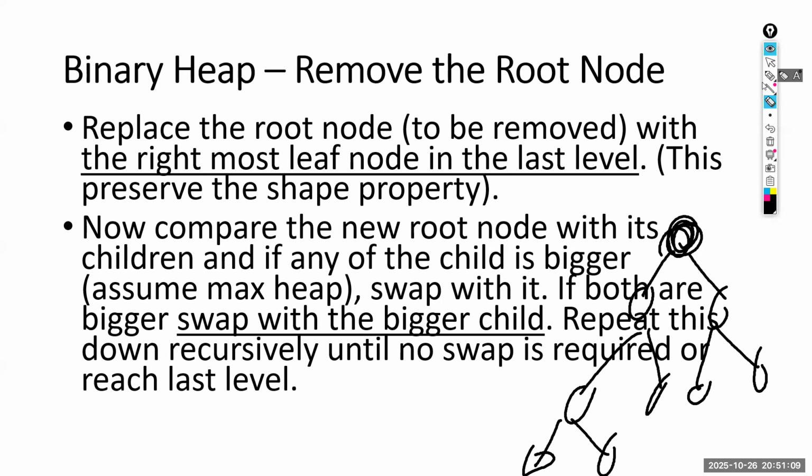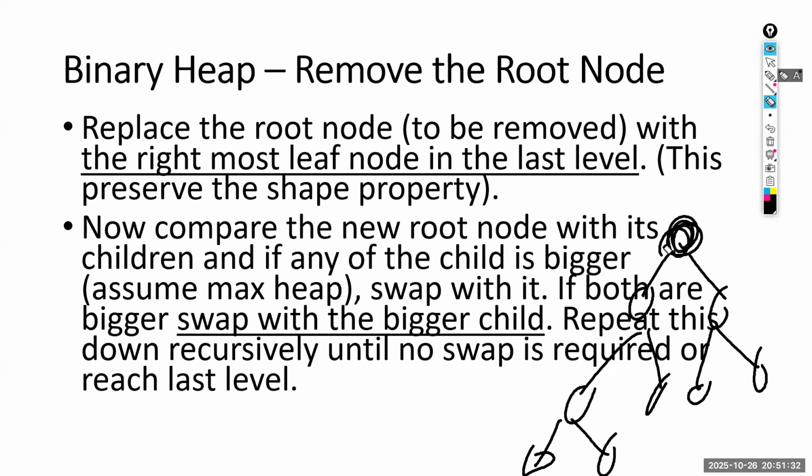Remember, a binary heap always makes sure that it satisfies the shape property and the heap property. So if you replace the root with the last level rightmost node, you have again preserved your shape property. But now most probably you have violated the heap property.